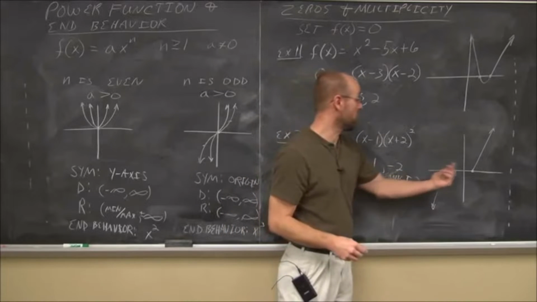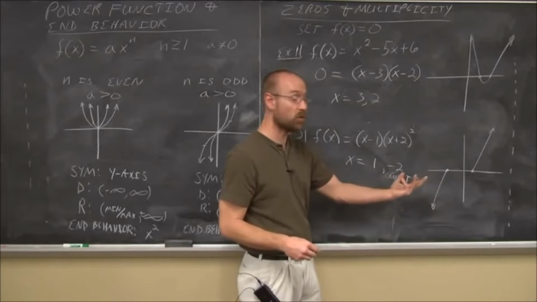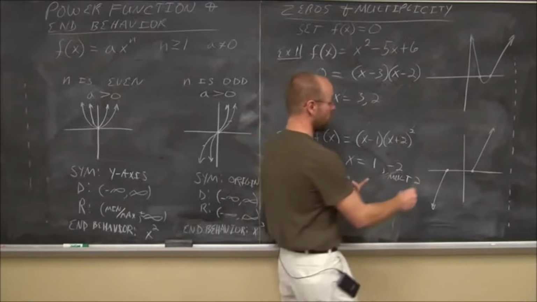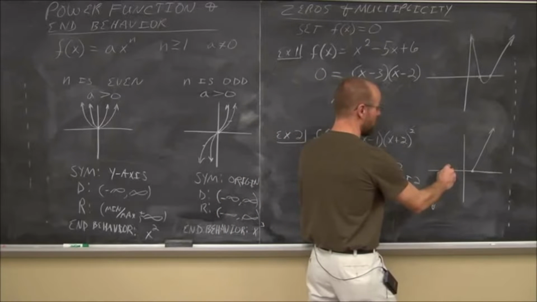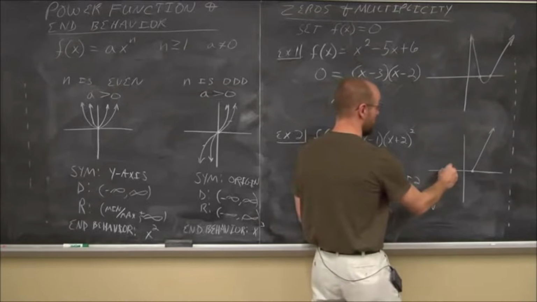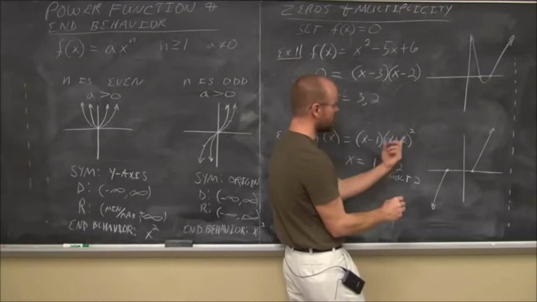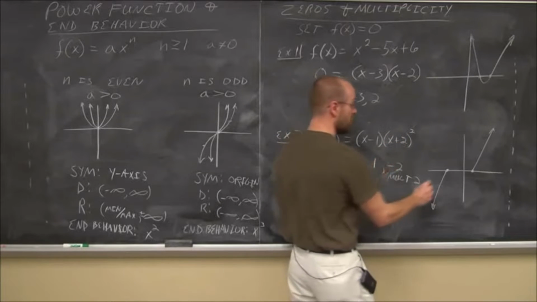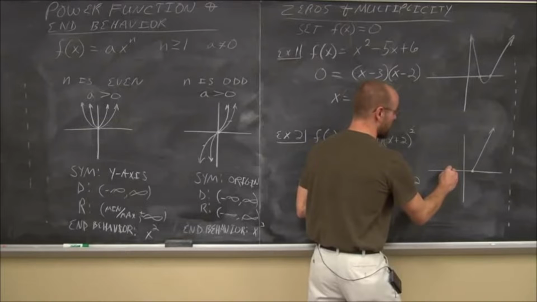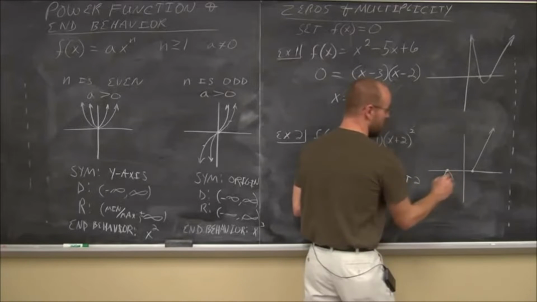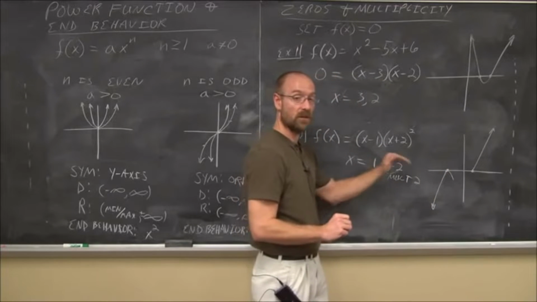Well, the only thing we're missing now is the area in between. What we have to know about multiplicity, and we'll explore that in depth a little bit longer, is this 0, my negative 2, has even multiplicity. And what that actually tells me is that it only touches the axis. So it just touches at that point.